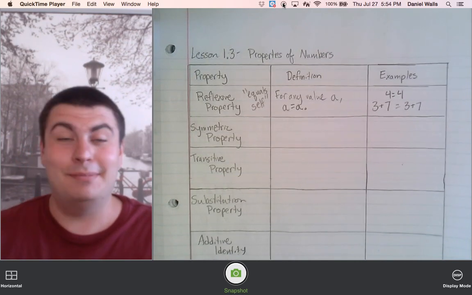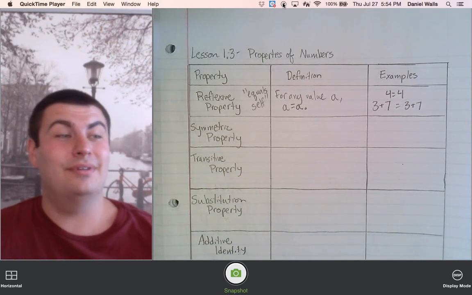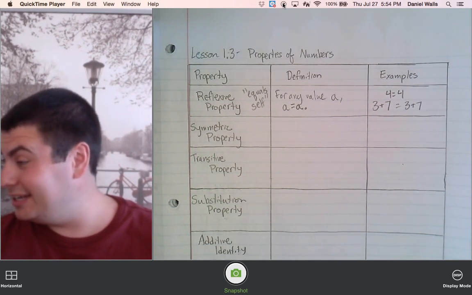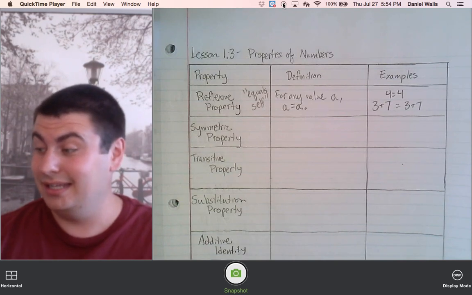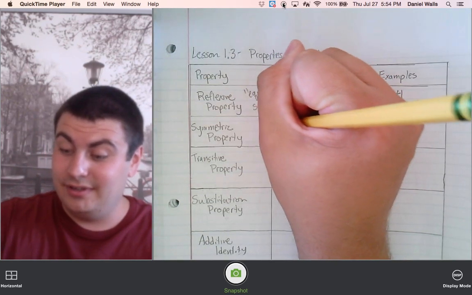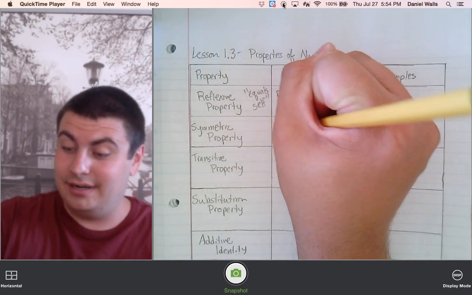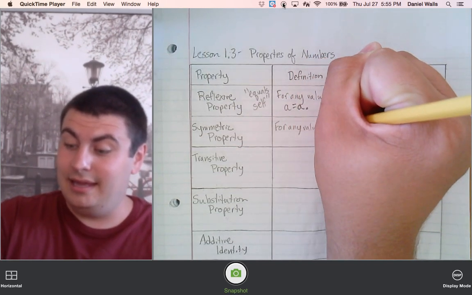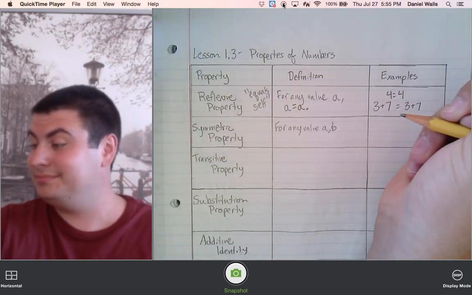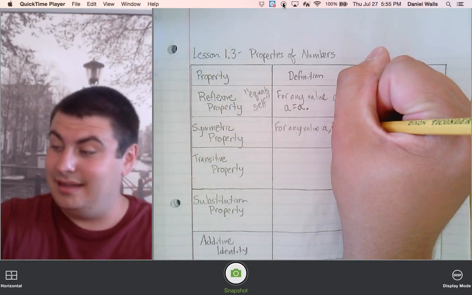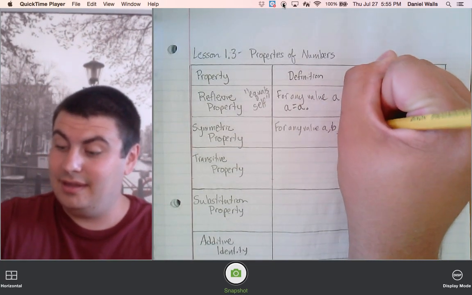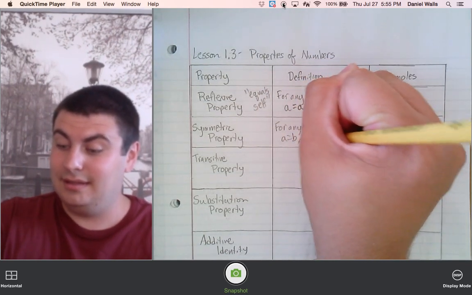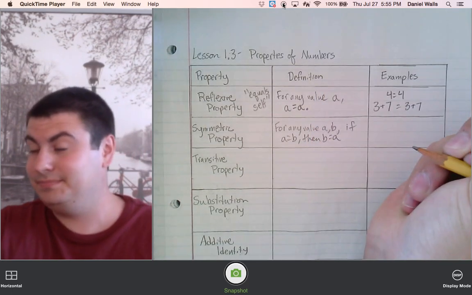The symmetric property. For the symmetric property, we say that if a first quantity equals a second quantity, then that second quantity equals the first quantity. So for any values a and b, if a equals b, then b equals a.